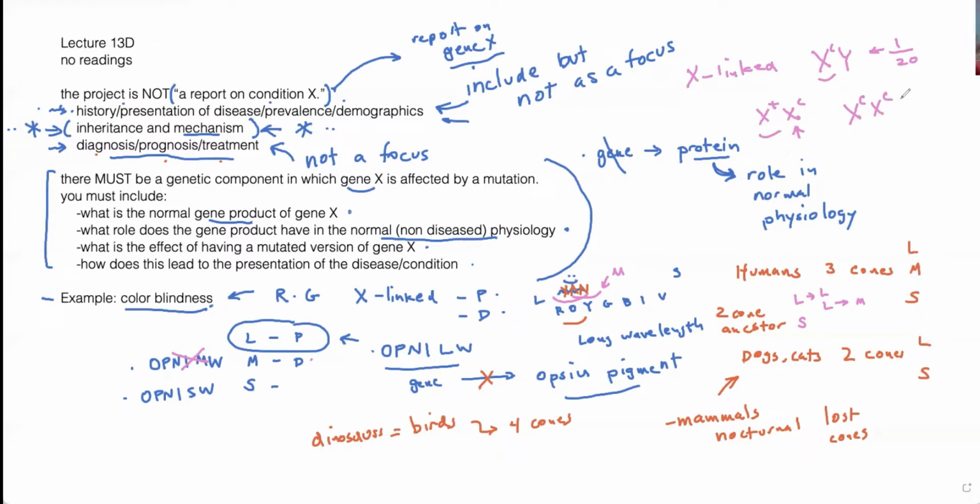The prevalence in females would be the likelihood of getting a colorblind gene, which would be 1 in 20, times the likelihood of getting a colorblind gene from your other parent, which is going to be 1 in 20 again, which is going to give you 1 in 400. That's the likelihood of actually being colorblind as a female, like Jeff's mother-in-law.